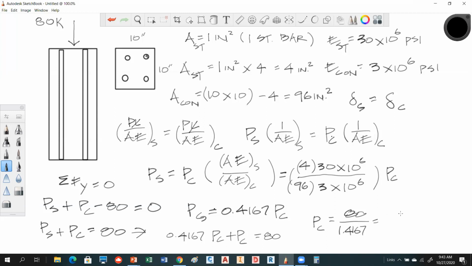Check your numbers. I got 56.5 kips. And so therefore the force in the steel is 23.5. Is that what you guys are coming up with? Here's the one answer. Here's the other answer.